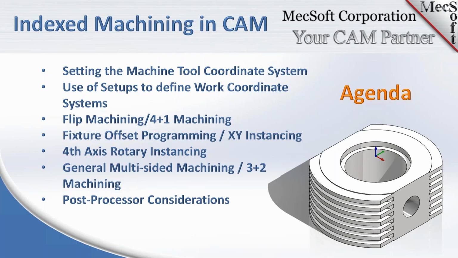So we're actually going to be showing you all the 3-axis indexing first before going to the 4+1 machining, and then the 4th-axis rotary instancing, and then finally the 3+2 machining. And we'll also talk about post-processor considerations at the end.